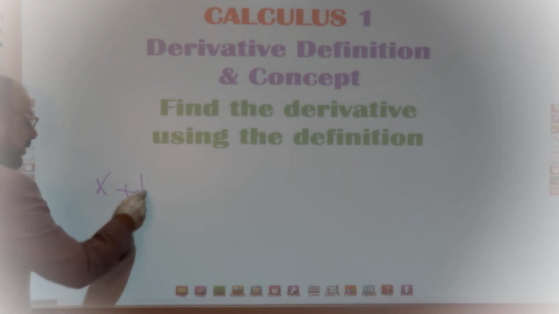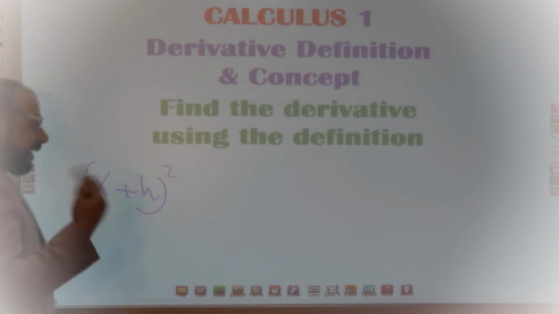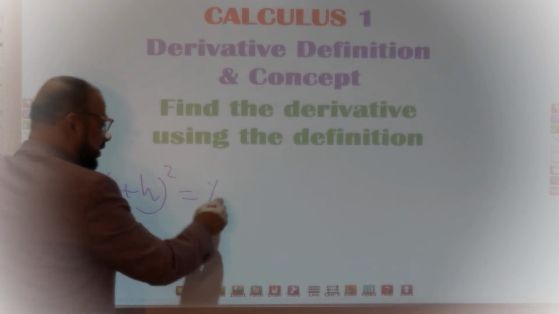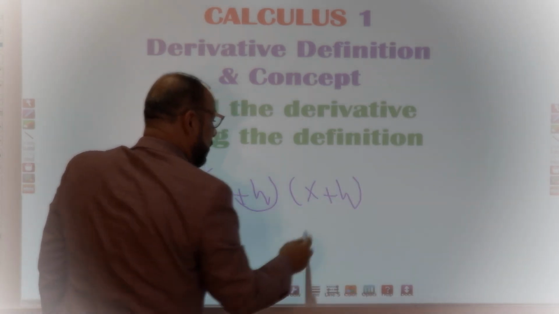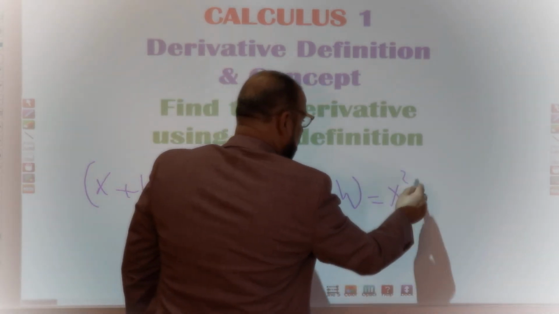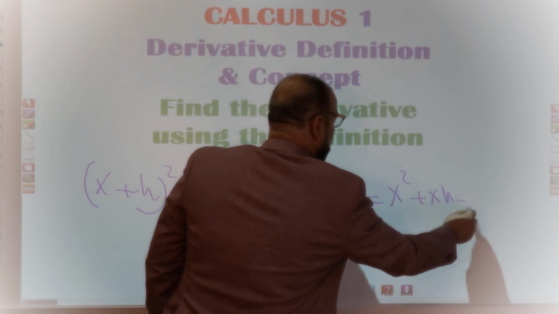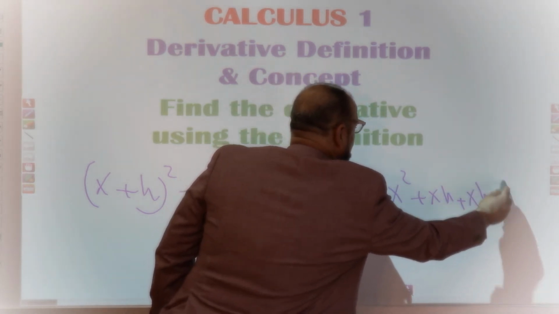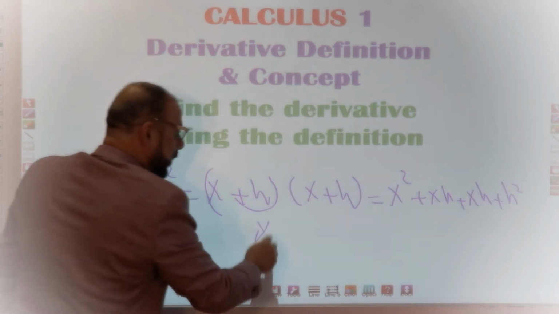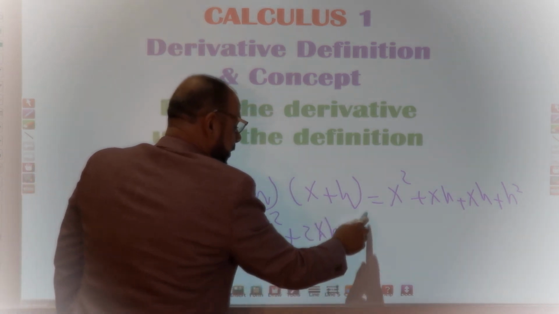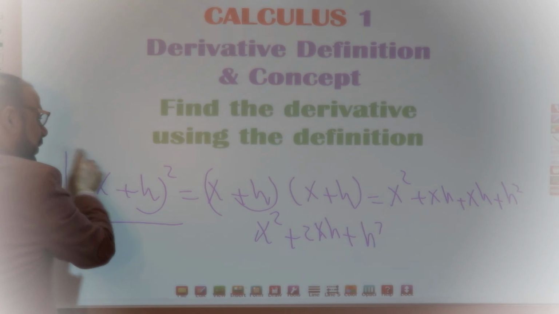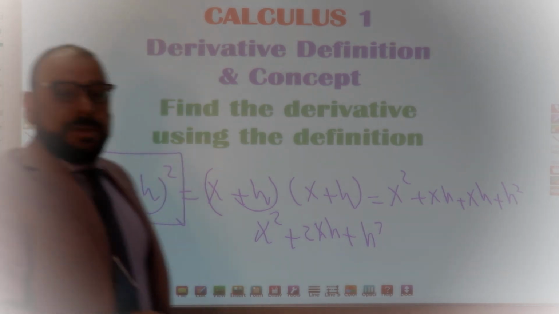At the end, I need you to memorize it. This is x plus h times x plus h, which is FOIL: x squared plus xh plus xh plus h squared, which is x squared plus 2xh plus h squared, which is very well known. This is x plus h squared.